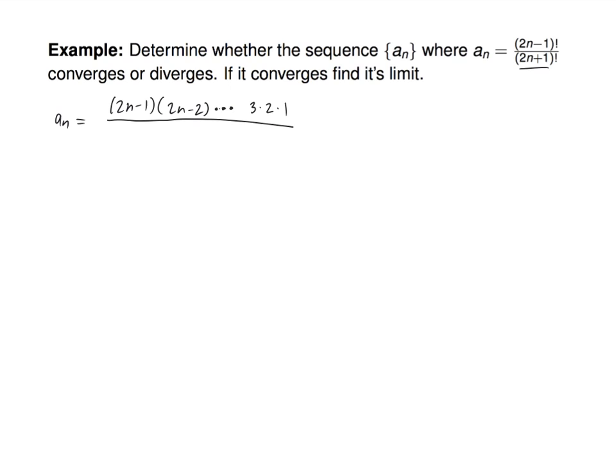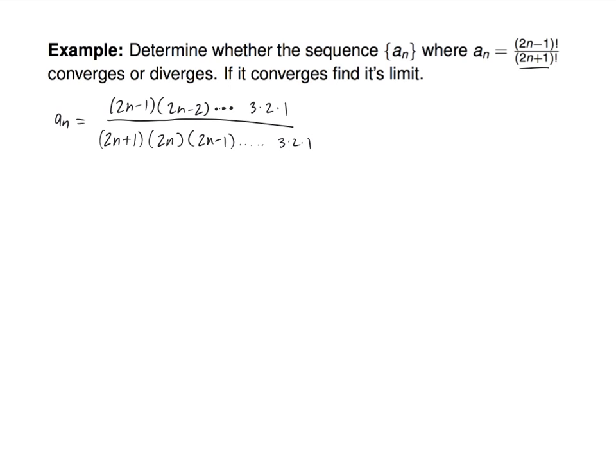Versus this 2n plus 1 factorial. First, highest is 2n plus 1. What's 1 less than that? 2n. What's 1 less than 2n? 2n minus 1, and then and so on, 3, 2, 1.